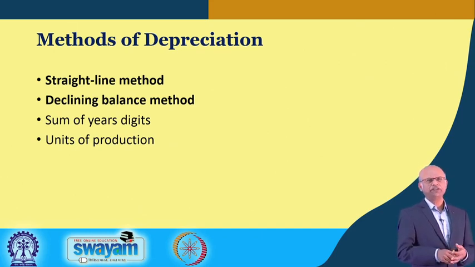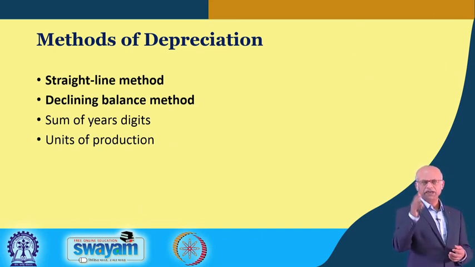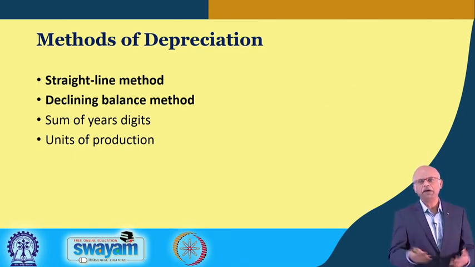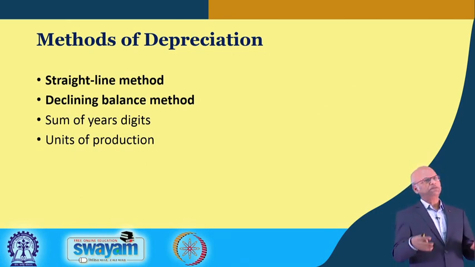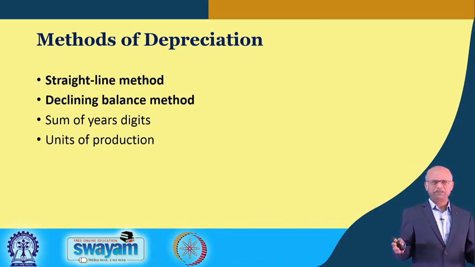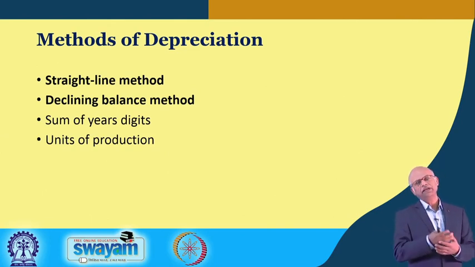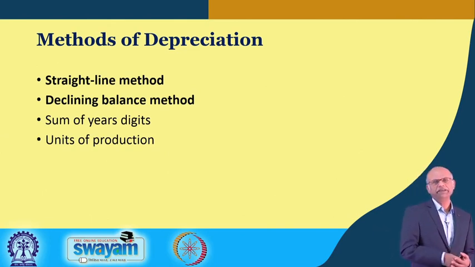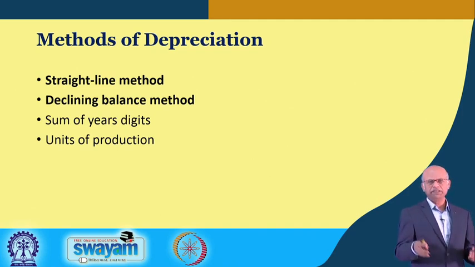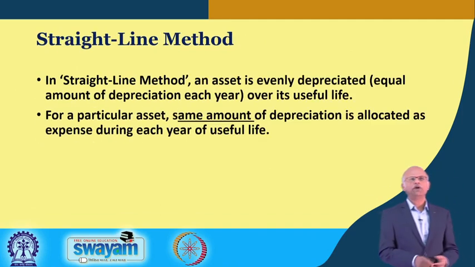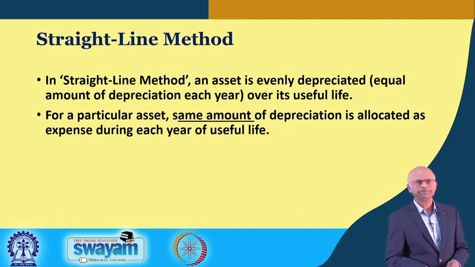There are many methods actually. I have just placed 4, but I will be discussing only 2: the straight line method of depreciation and the declining balance method of depreciation. Sum of years digit methods are there, but let us not go into complexity. Let us understand the philosophy and then how to apply. Then you can always apply any methods that are there. Units of production, sum of years. Okay, let us move forward, then if time permits we will discuss.